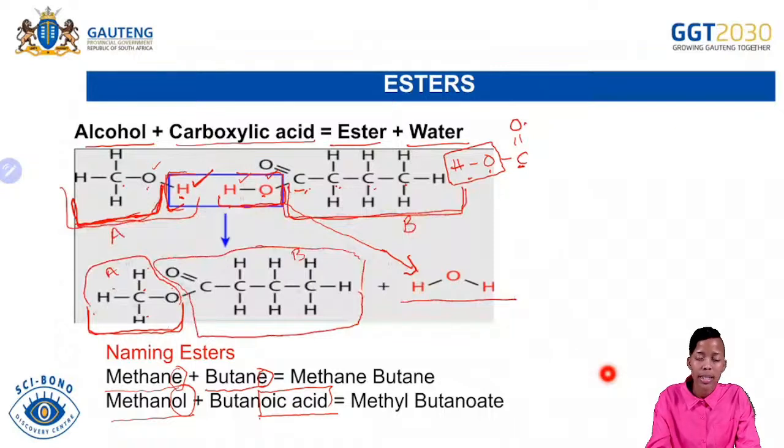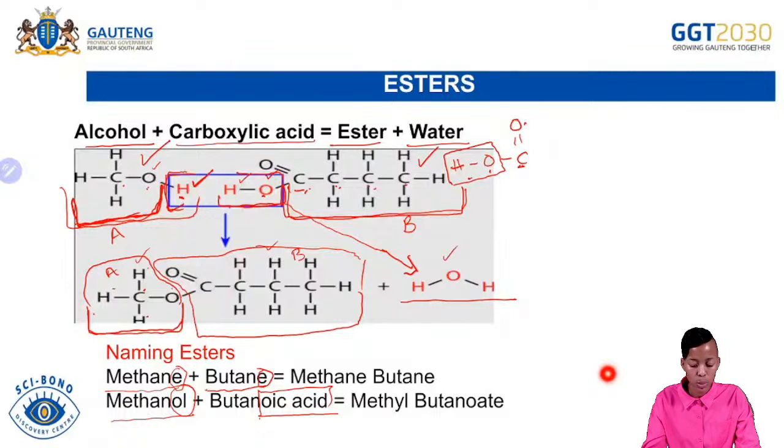So again, esters are a combination of alcohols, so this is your alcohol part, part A, and this is your carboxylic acid part, part B. An ester is therefore formed when we have a combination of the two, plus water.